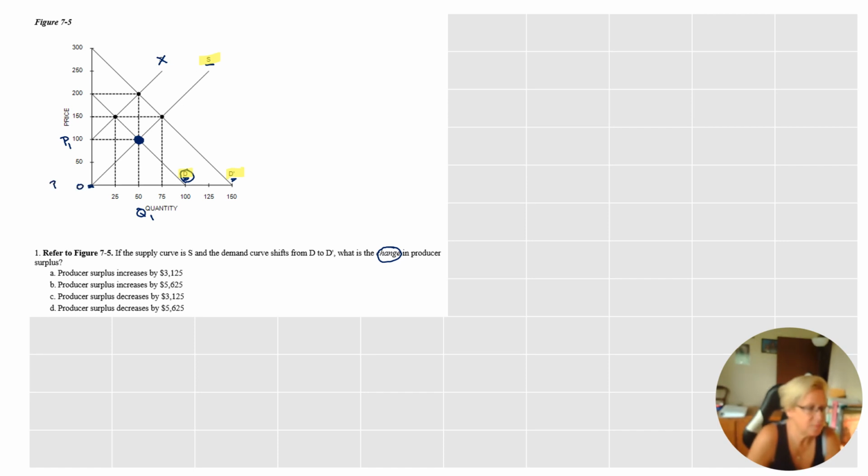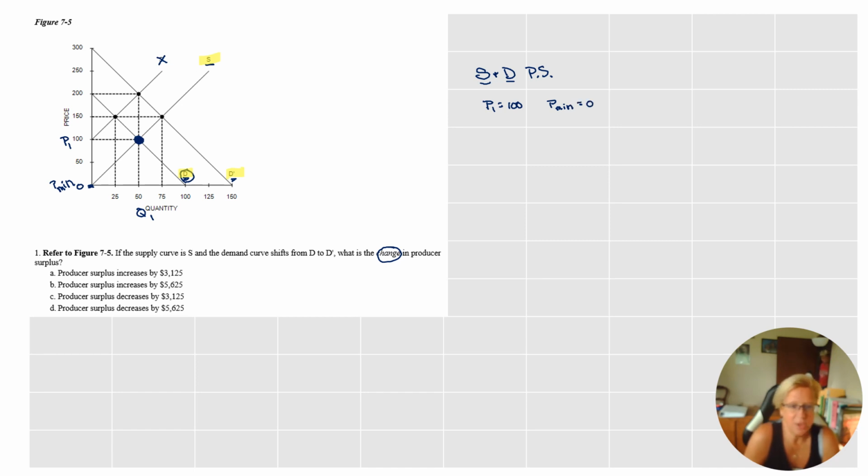So that's price min. Okay, so over here, what we're going to do is first calculate producer surplus for supply and demand. And again, notice I'm using the S and the D, not the primes, because that's what I'm concentrated on first. So I'm going to say that my P1 is going to equal 100. My P min is going to equal 0.